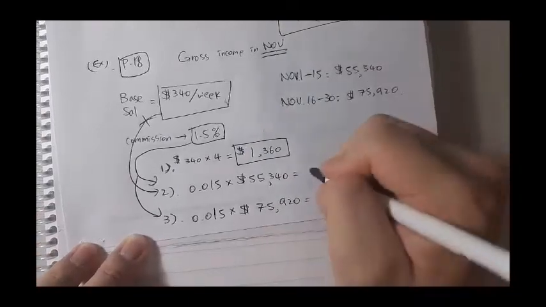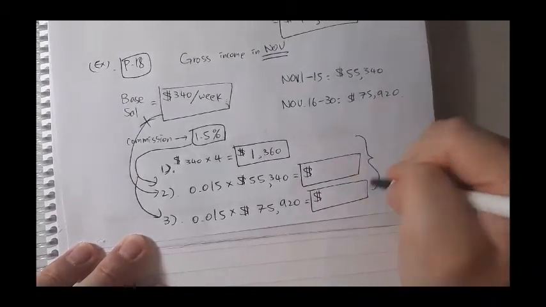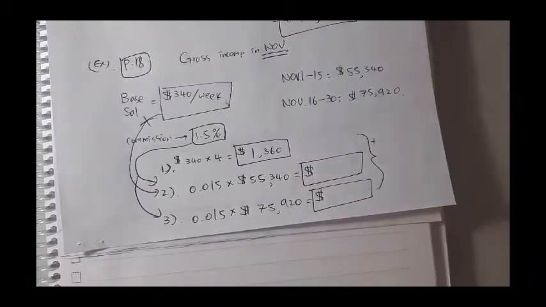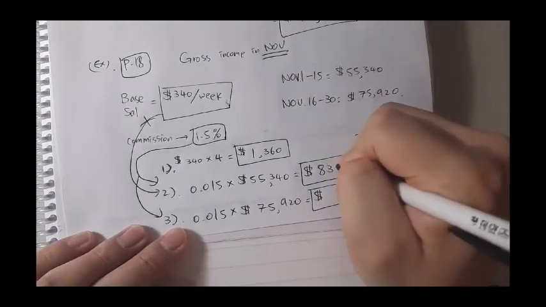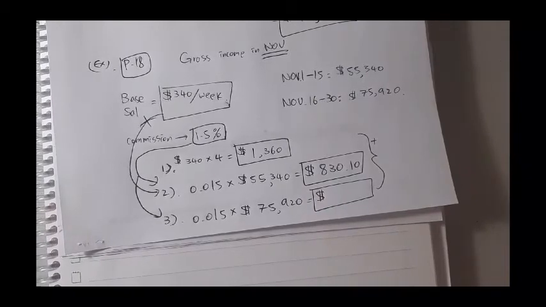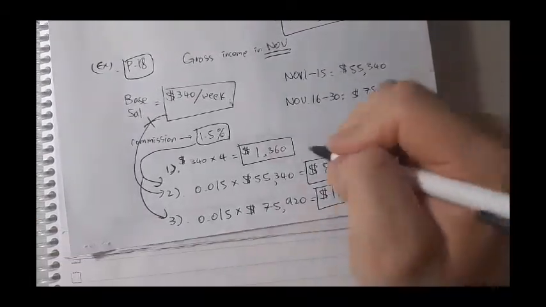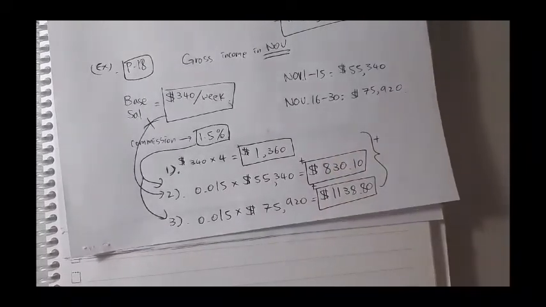So you need to find out how much these come to, and then we are going to add everything up. That's the gross income. So 0.015 times $55,340 is equivalent to 830.10. So that is how much you should earn for the first half. For 75,920, if you do the same, you get 1,138.80. So this is how much you get for the sales amount.